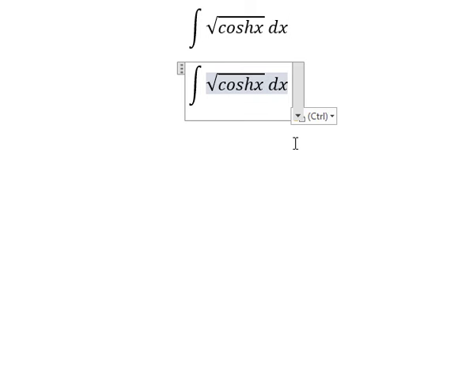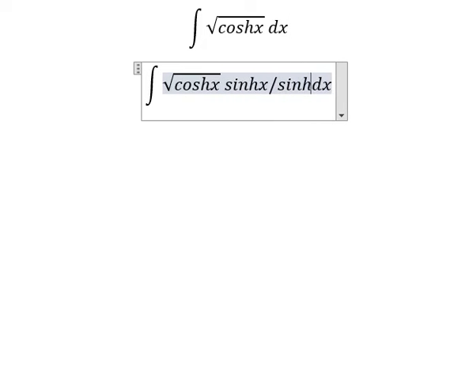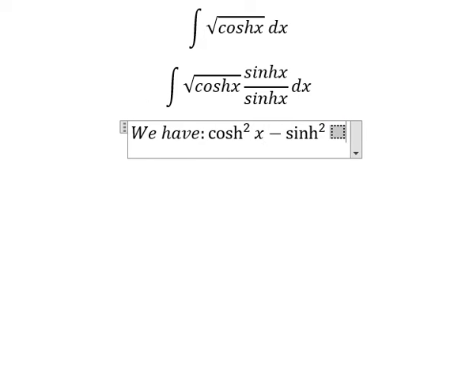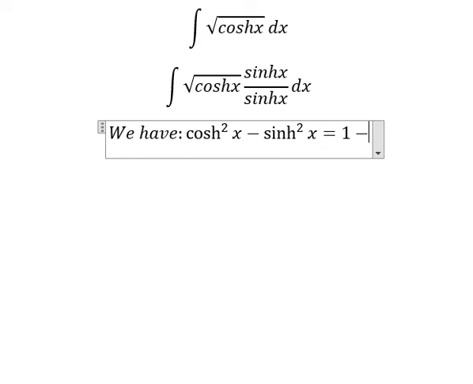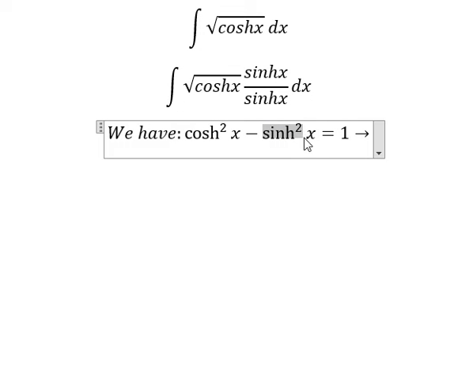We need to multiply by sin x over sin x. Next, we have the formula that is about cosh x squared minus sin x squared equals number 1. So because we have this one, I will put this one to the right, and number 1 to the left.